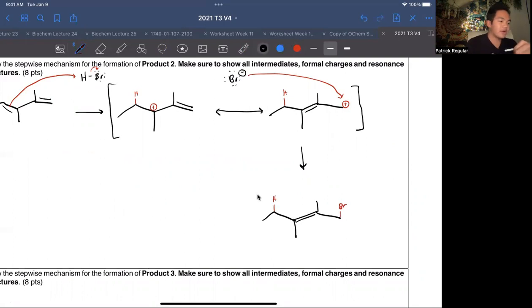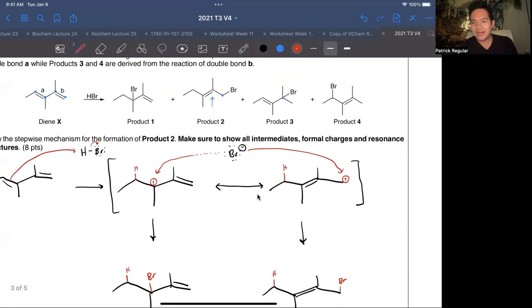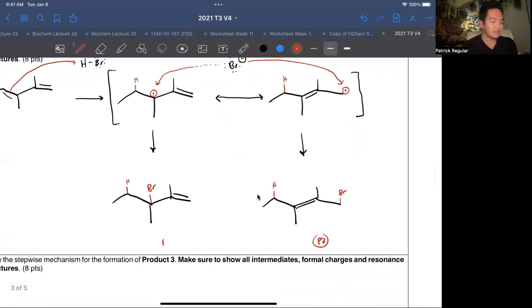What if we added Br over here? I'm going to do a dotted line just to show a hypothetical. If we had done that, we got our H, our Br, this product number two. Well, if we didn't conjugate over, that's our product one.